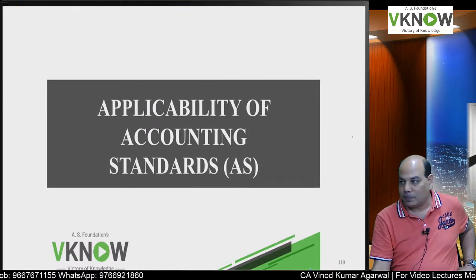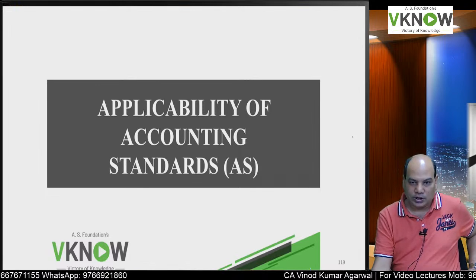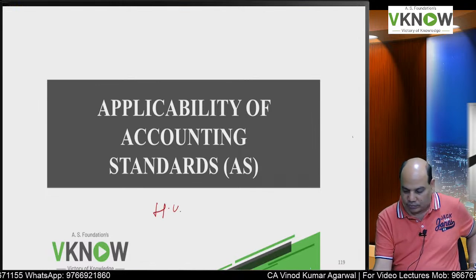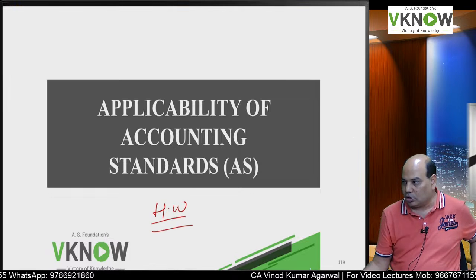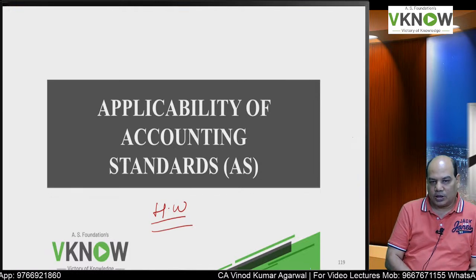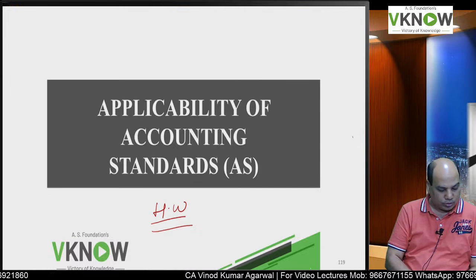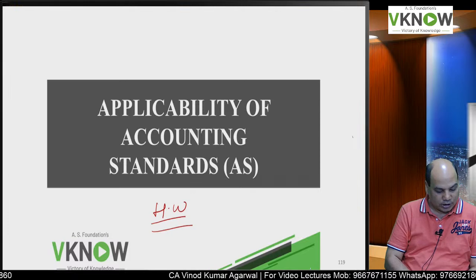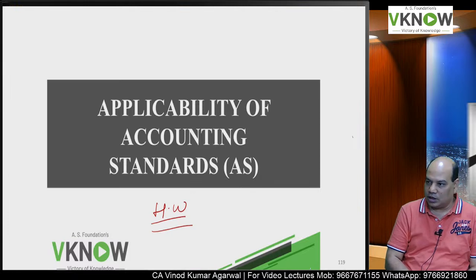Next paragraph is the applicability chart of accounting standard, homework. You will find there is a long list. The companies which follow accounting standards are divided into 4 levels. Level 1, level 2, level 3, level 4. Is it right?